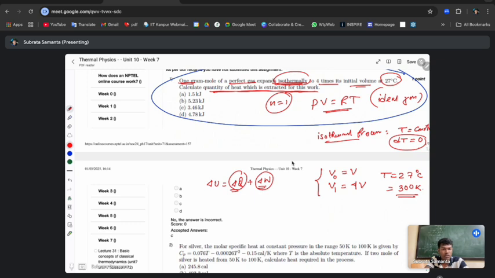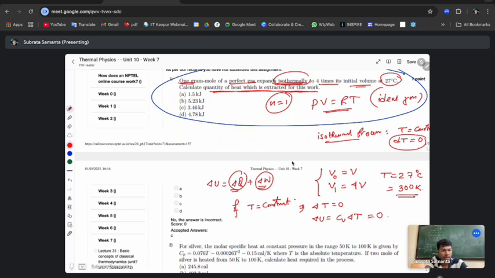For an isothermal process, the temperature T equals constant, which implies dT equals 0, and we know that delta U is Cv times delta T, so this is exactly 0.